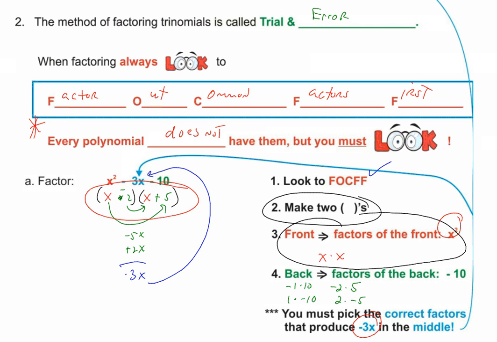Did you take factors of the back to produce the correct middle? The fronts are factors of the front. The backs are factors of the back. And the outers and inners are supposed to give you the middle. Isn't that trial and error? I hope a few of you figured it out in the meantime, because that's all you have to do.